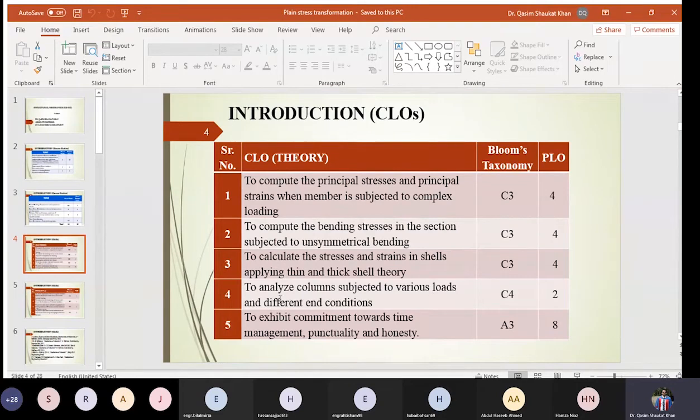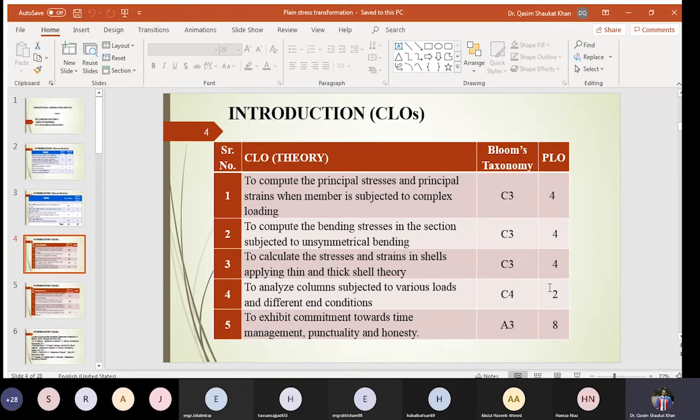Then you have the fourth CLO, that is to analyze the columns subjected to various loads and different end conditions. This is linked to Bloom's taxonomy C4, cognitive 4, and it is linked with PLO2.